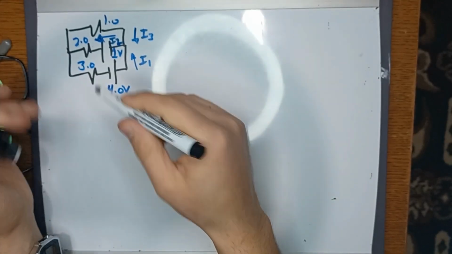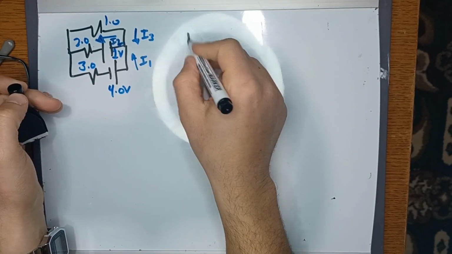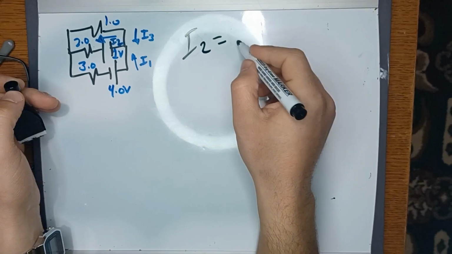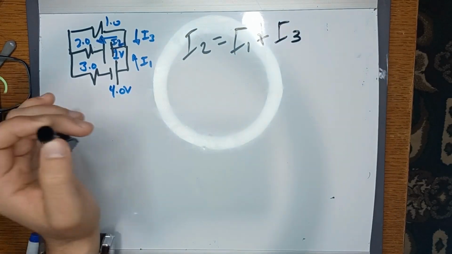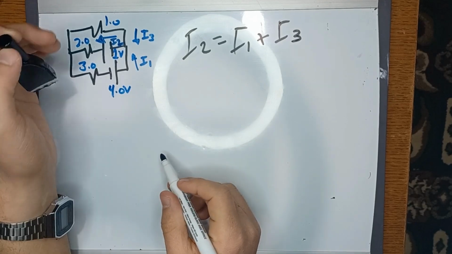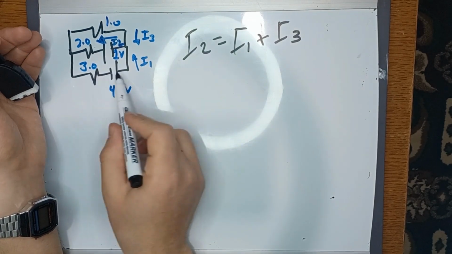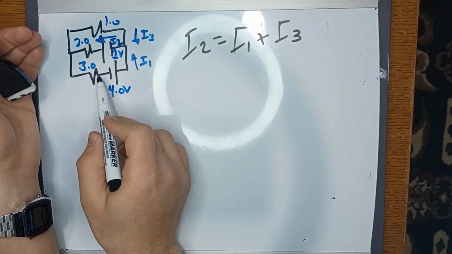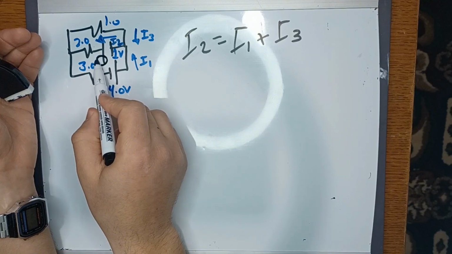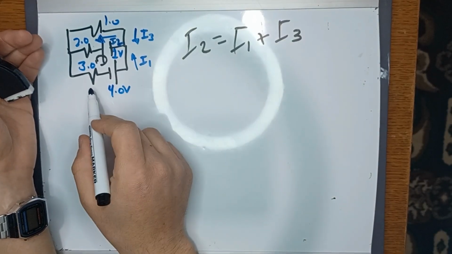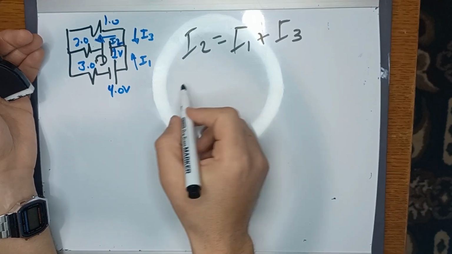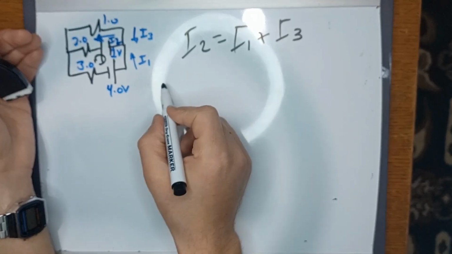So I just moved the circuit up a little bit so we have more space. We have this equation again. Okay, now the first loop, in the bottom area, would start from the battery here, the 4.0 volts.